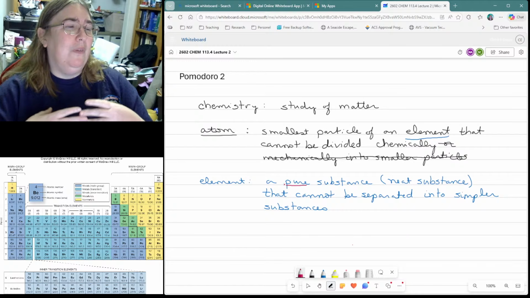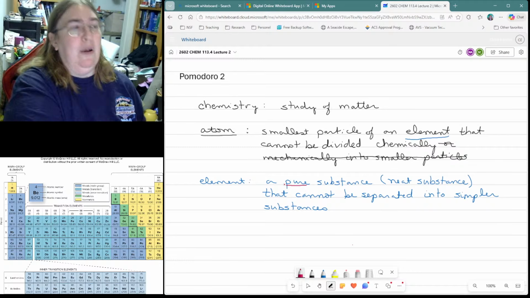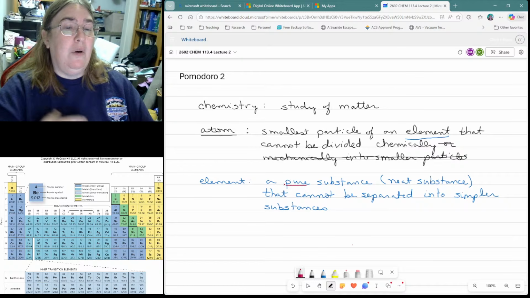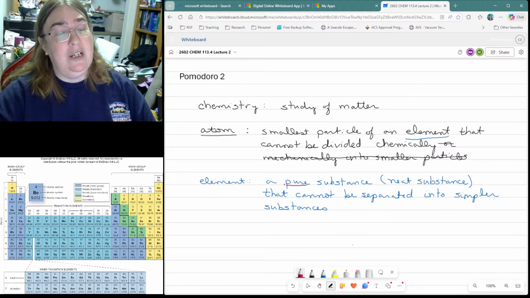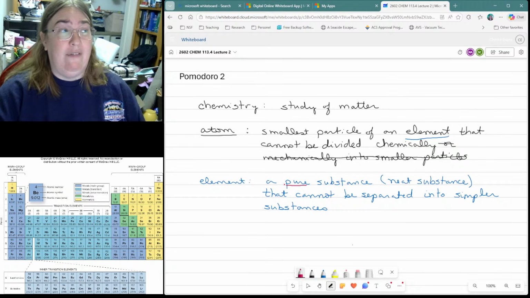So elements were this stuff we cannot separate into something else in terms of reactivity. Elements were defined solely based on reactivity when they were originally discovered. Why? We didn't have a clue that elements were made of atoms.